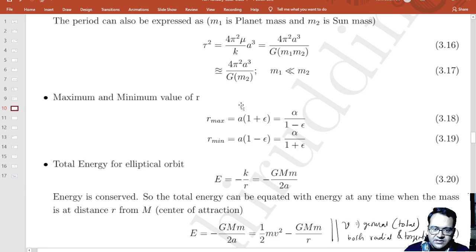This is seen as a into 1 plus e and a into 1 minus e. A is the semi-major axis distance.